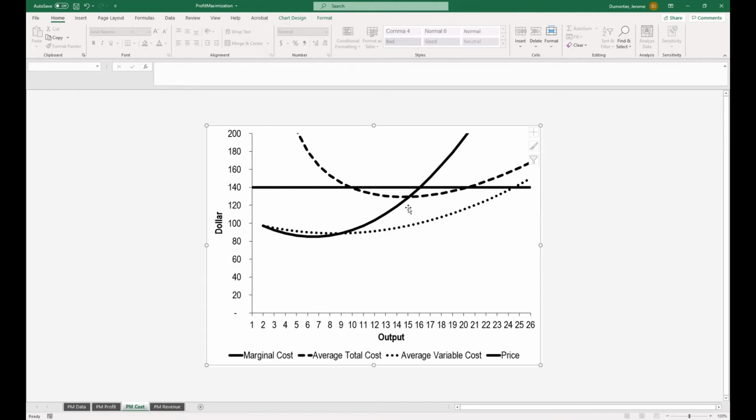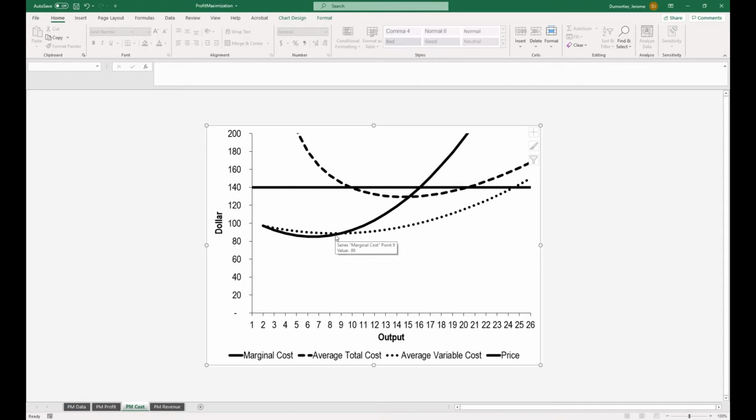So what this means is that the portion of the marginal cost that is above the average variable cost is representing the supply function of the firm. Okay. Now this finding is extremely important.